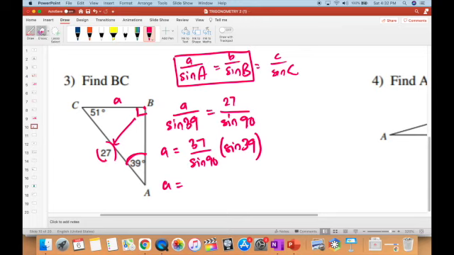Oh, I know what I did wrong. Oh gosh, look, I have 37 here instead of 27. That is what I did wrong. Sorry. Alright, so everything correct. Instead of putting 27, I put 37. So it's 27 multiplied by the sine of 39, and we got our answer, 17.